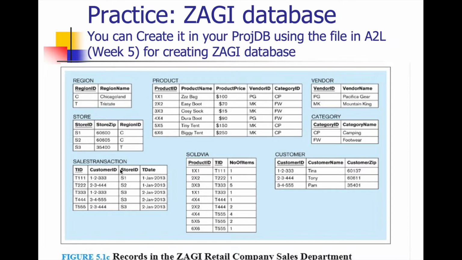So we cannot create sales transactions with some customer IDs when we have not even defined those customers or created a customer table. The same is for the store. So we cannot have some store IDs in the sale transaction when we don't have any store. So we have to first define customer and the store.